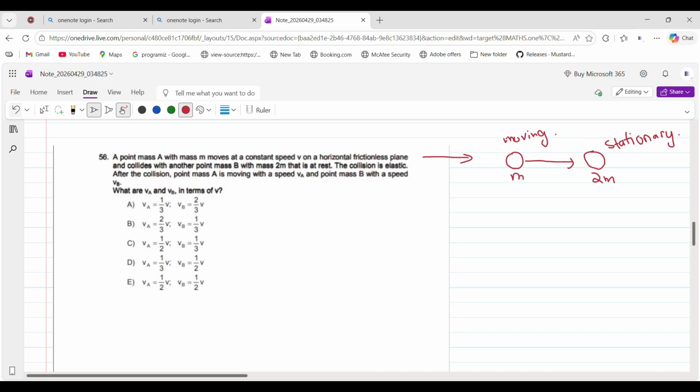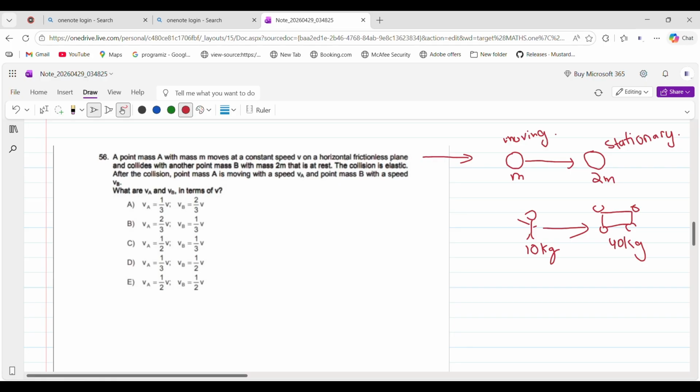For instance, here I have one man coming towards a car that is not moving, it's at a stationary level. The man has a mass of, suppose, 10 kg, and the car has a mass of 40 kg. I am making the same scenario but with a real life example.